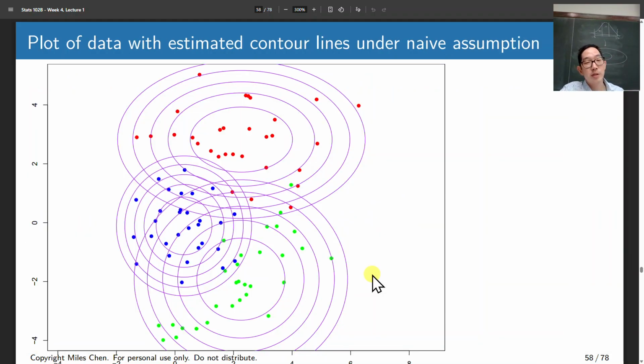And so if we estimate the multivariate Gaussians here, we're basically assuming there's no covariance, and so you'll see that the major and minor axes of our ellipses are kind of parallel to the x1 and x2 axes here, okay?